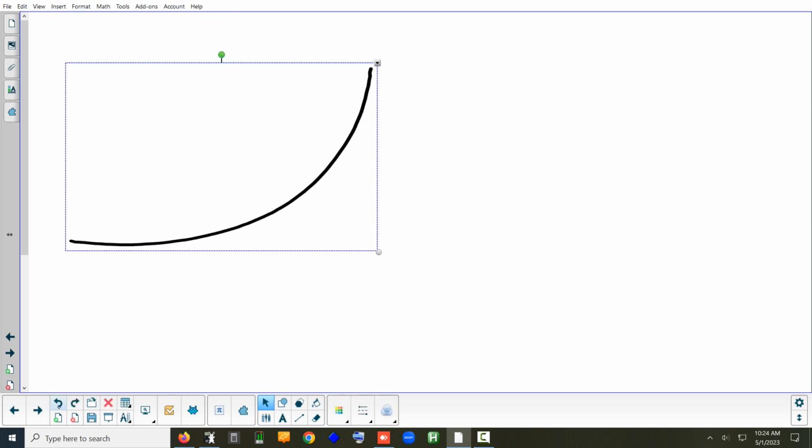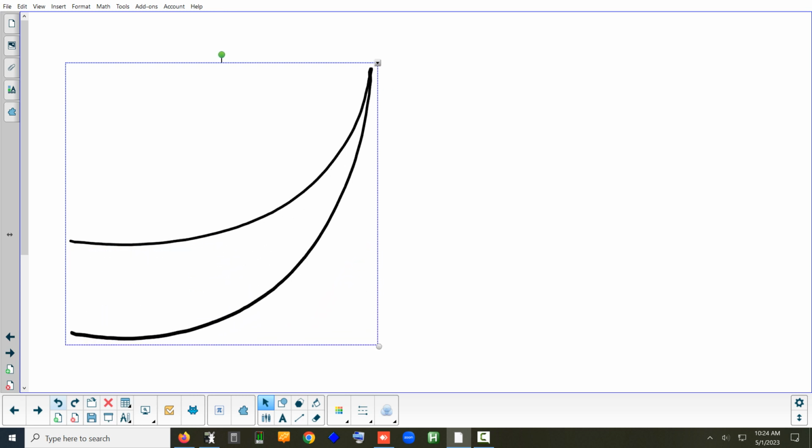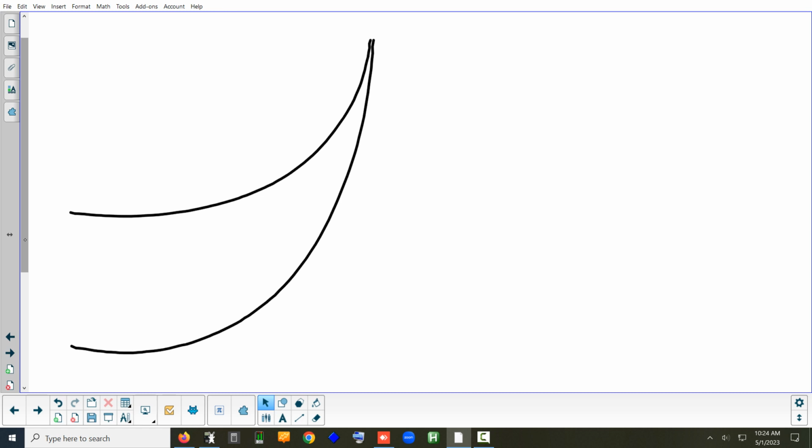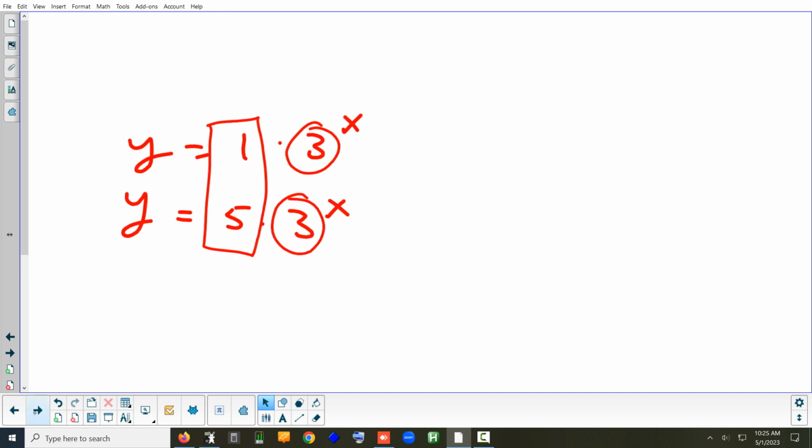Now the opposite of that, if that's the original, would be doing something like this. That's stretching. So those are the two main things that we're going to look at when we have a graph like this. We're either going to compress it down, or we're going to stretch it. Those are the only two things we're going to look at.